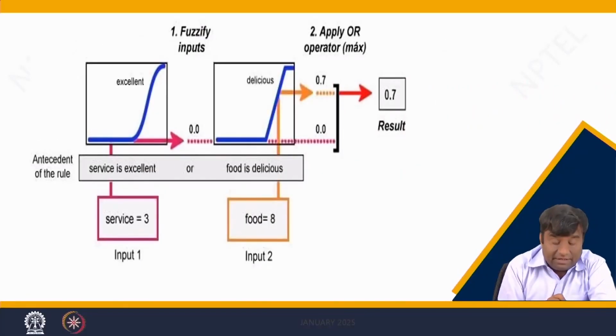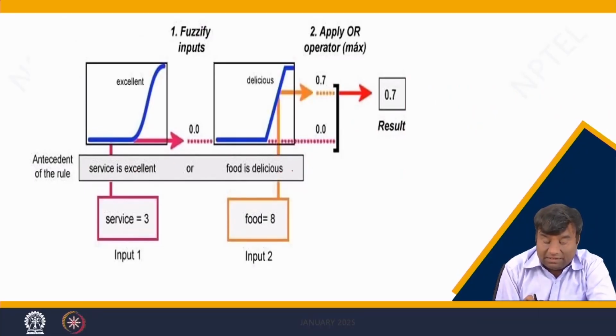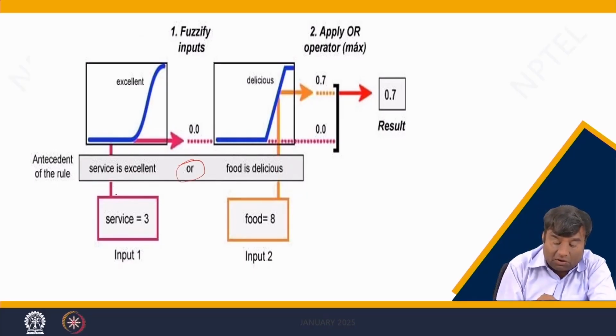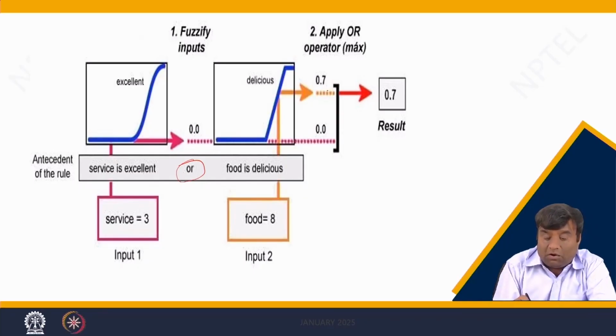The rule is: if service is excellent or food is delicious, then there will be an output value. Here the connection is or, so we take the maximum value. Suppose the value of x is 3, that is mu A1 is 0.0, and the food is 8, so mu of 8 is 0.7. Since they are connected by or, we apply the or operation and get 0.7 as the output. Then we apply this to the output fuzzy set.